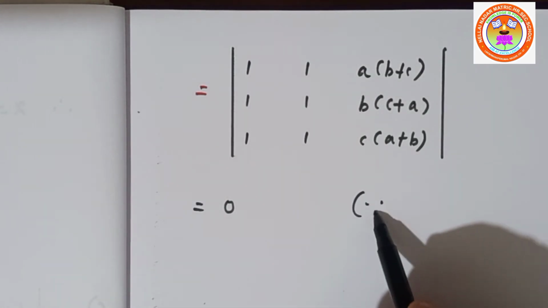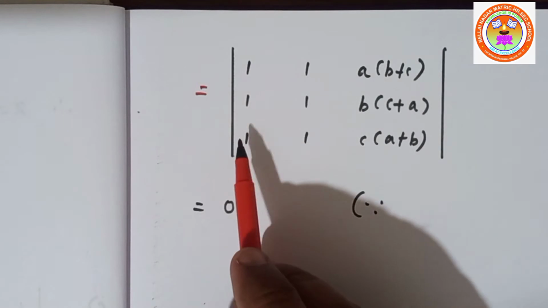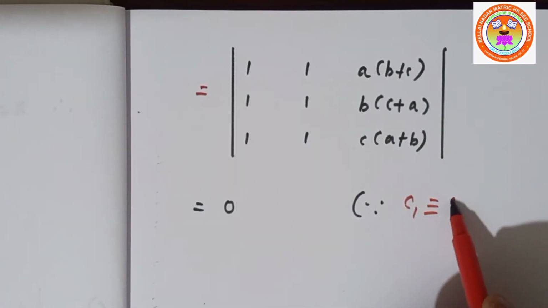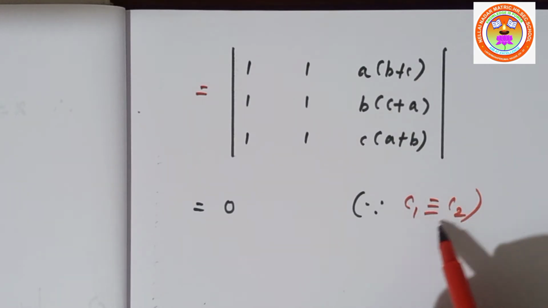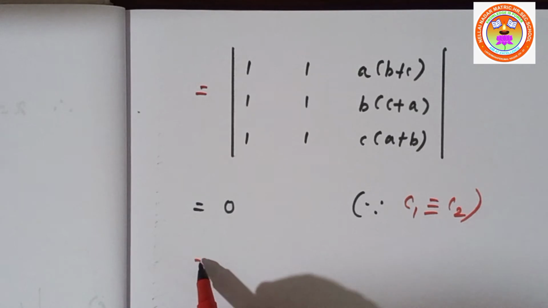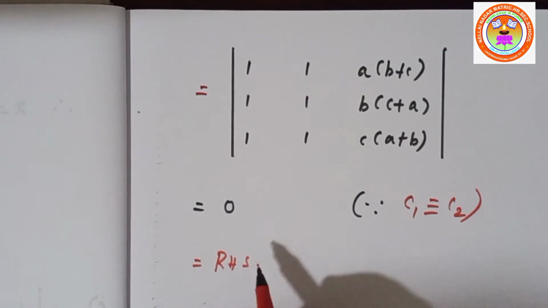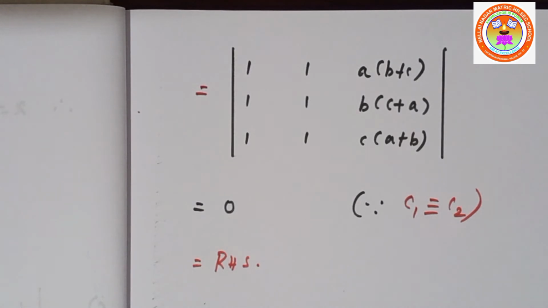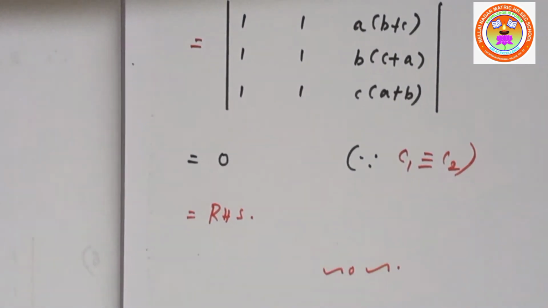You just write the reason, since column 1 and column 2 are identical. Column 1 is identical to column 2. This is the symbol for identical. That's all. So that is equal to RHS. Because we are asked to prove that the value of the determinant is equal to 0, we have proved that. So problem number 7 is completed.